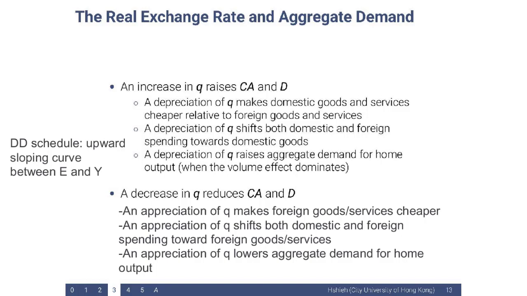So maybe I'll write plus here and minus here, and this is plus. Okay. So these plus and minuses are partial derivatives, right? The slope parameter, but for those of you without calculus, it's just relationships between variables.